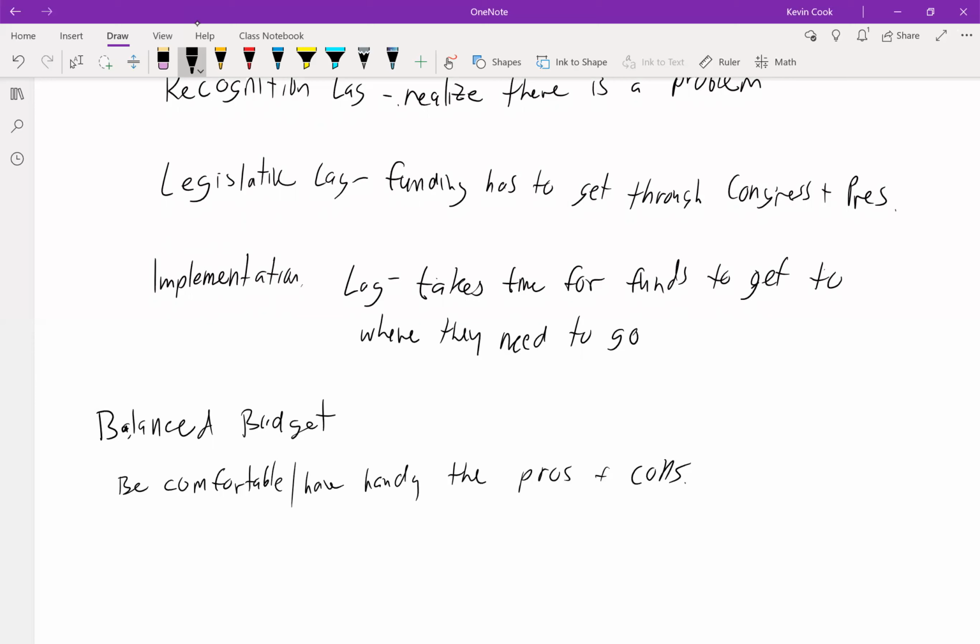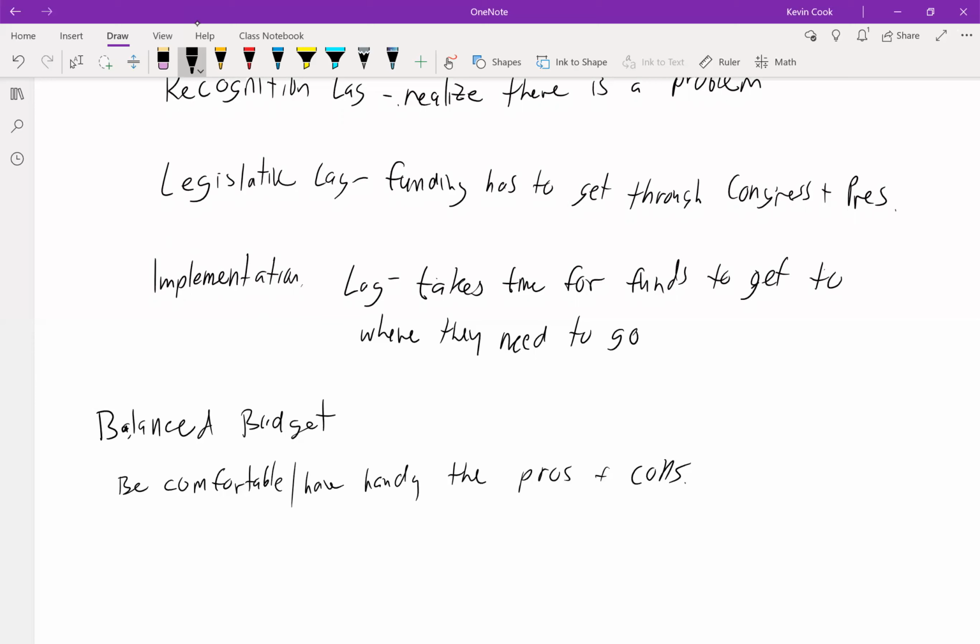The other issue that they mentioned in the text was something about investing. If I have to run a balanced budget, I can't really make an investment in something, whether it be education, roads, whatever the case is, because I don't have the flexibility to make that upfront payment and then pay it off over time.